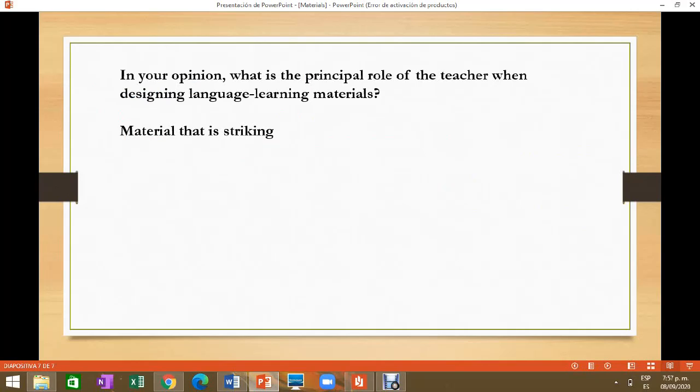In my opinion, when making learning materials, the teacher must be clear about the knowledge the students have and that each one has to be able to develop. This is in order to make an effective material that is striking to students and involves all students actively in their class.